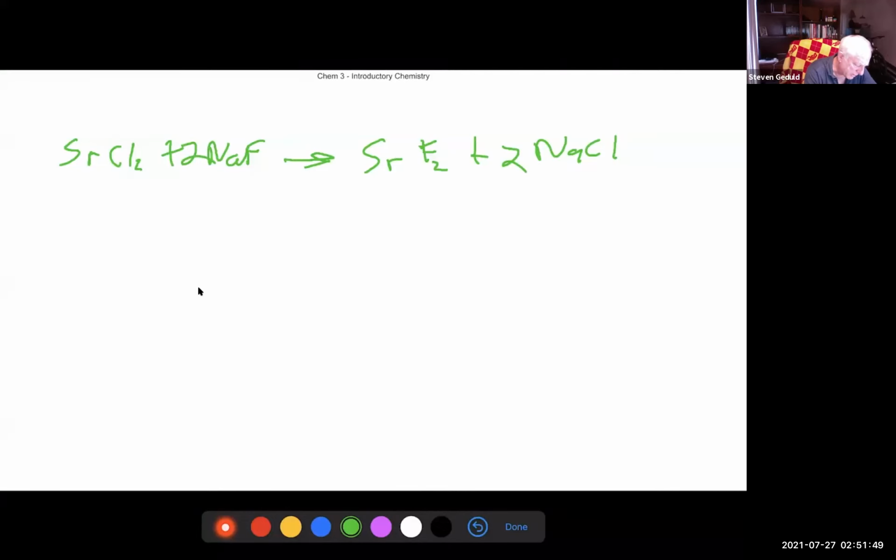What volume? No, this is a solid. The others are all aqueous.